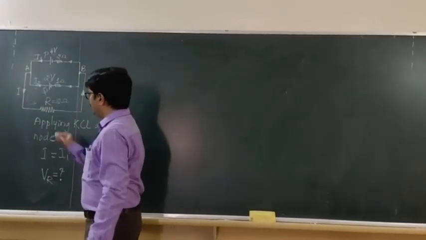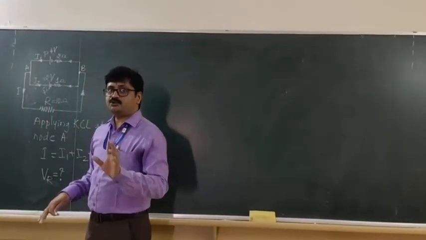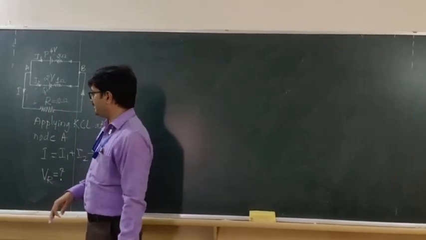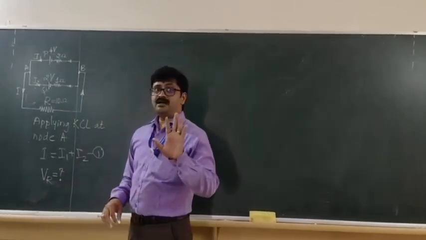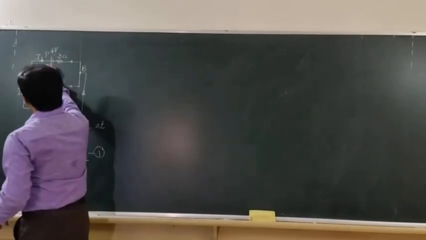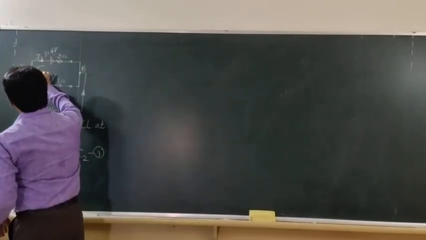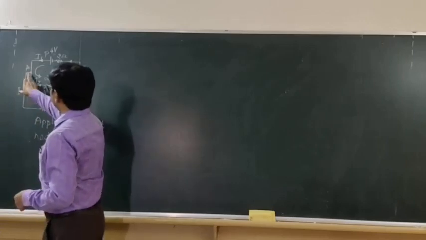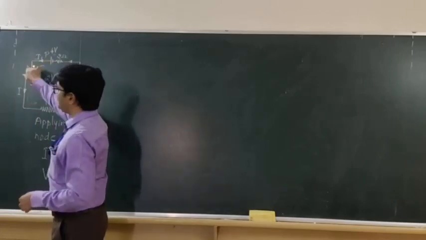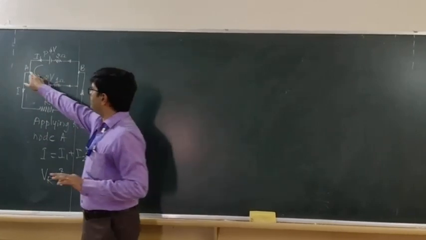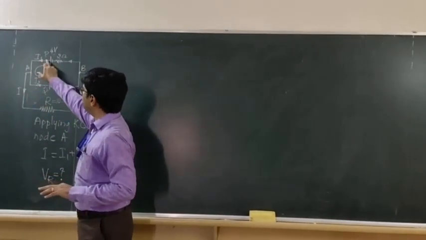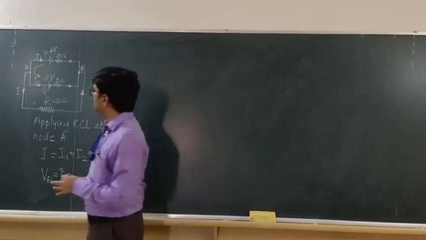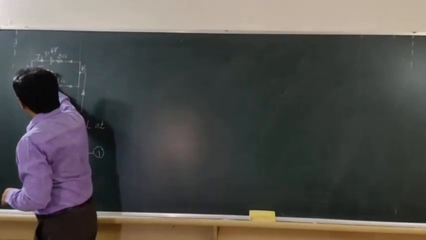Fine. So in order to move ahead, I will choose the second thing, that is Kirchhoff's voltage law, and I will be choosing two loops here. First loop I will consider like this, and this loop is AQBPA. That is the first loop. I will mark this as 1.